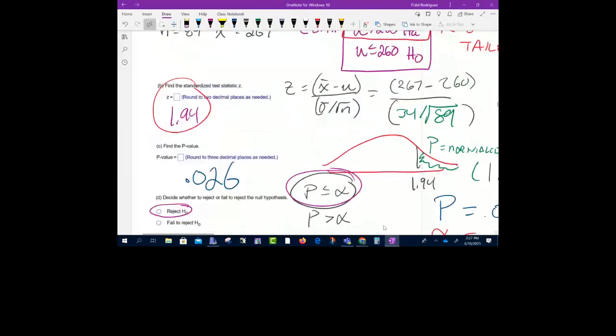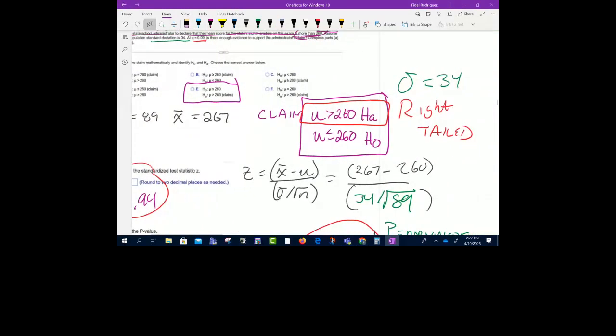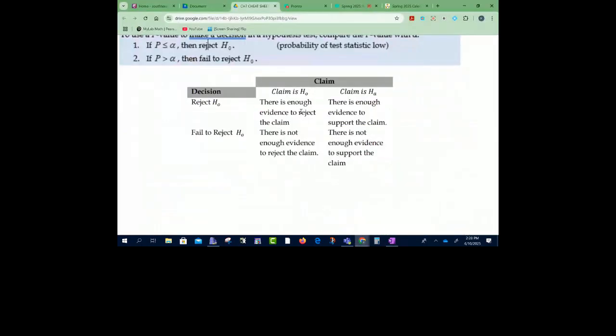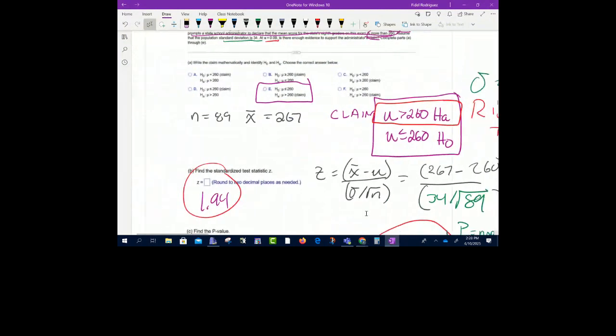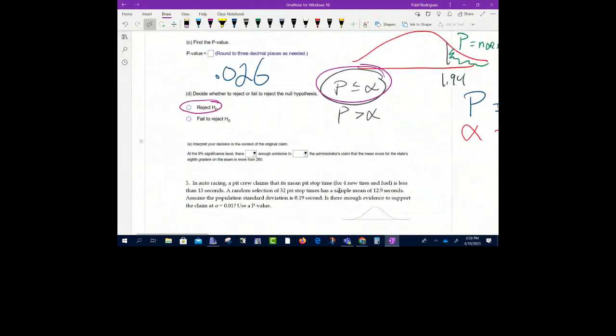Okay. So let's come back over here. Let's figure out where we started. Was my claim the Ho or the Ha? What do y'all think? The claim was which one? The Ha, right? The claim was the Ha. Here was my claim. My claim was the Ha, right? And then what did we do? Did we reject it or did we fail to reject it?